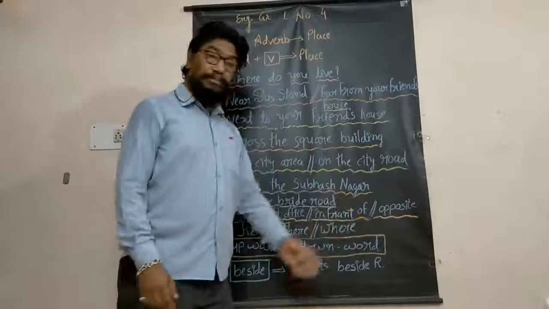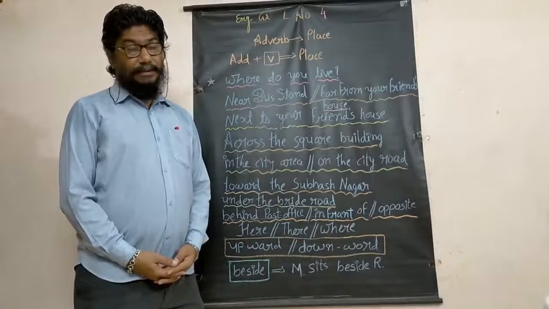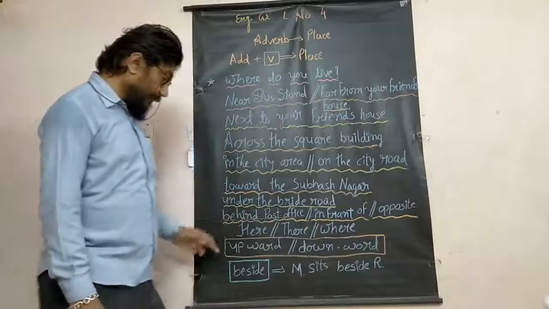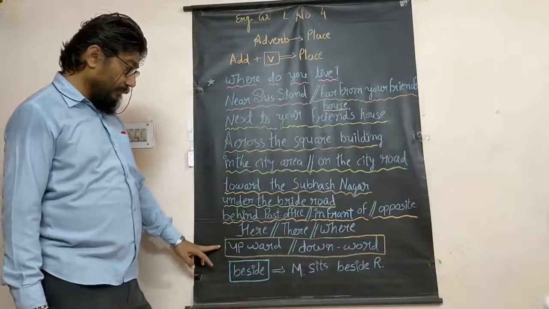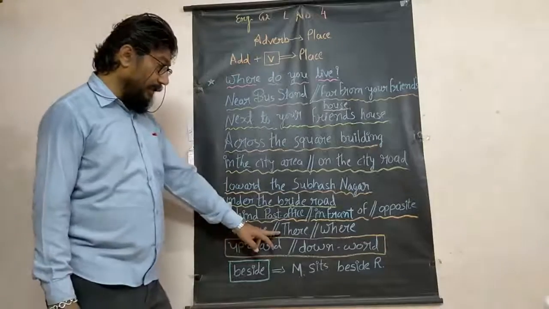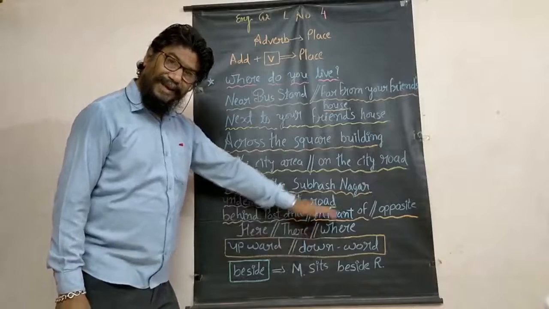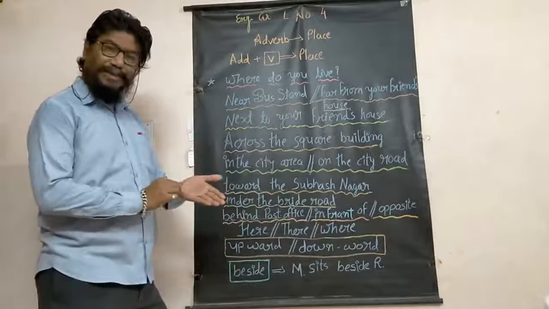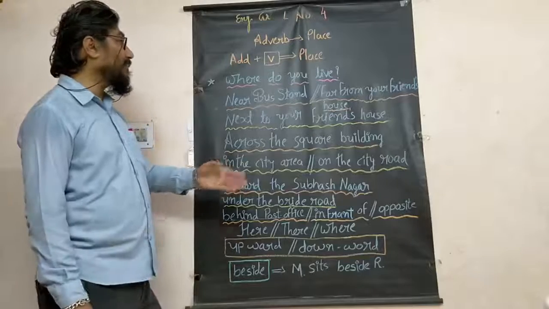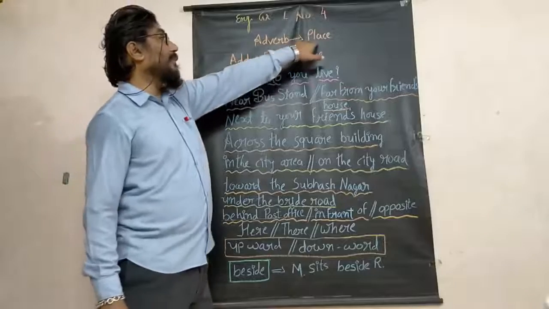Or opposite to whatsoever place you will write, that will do. Next to that, where do you live? Here, there, where you live. Everywhere, place, place, place. And that place is connected with the preposition. So that is adverb of place.